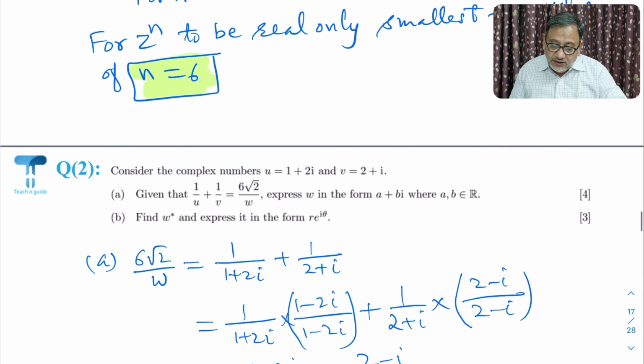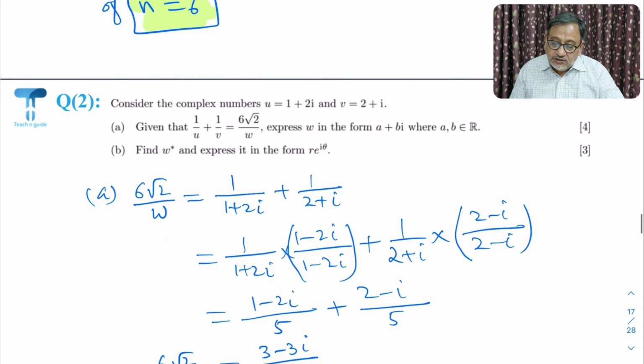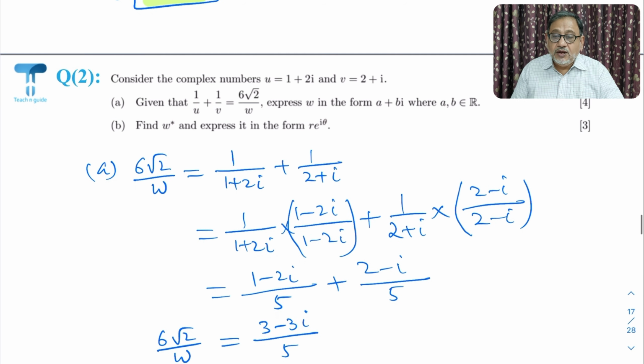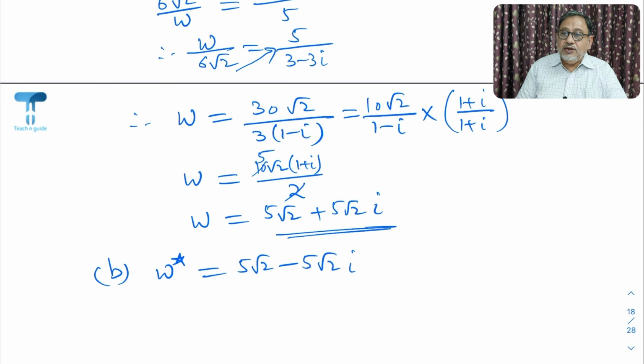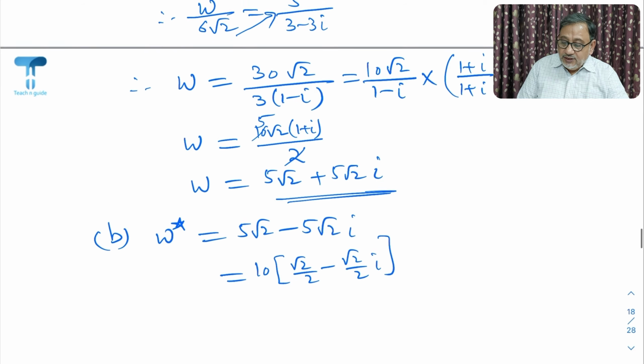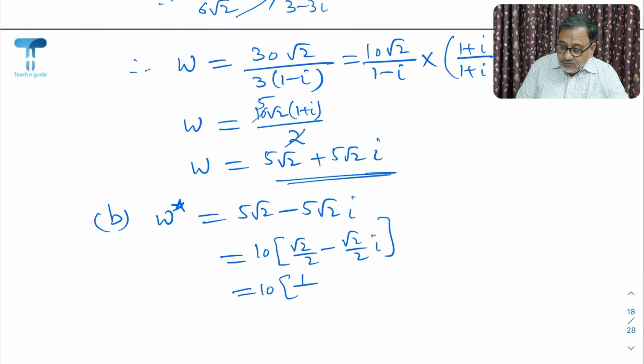Okay, B part says find w conjugate and express it in the form r e raised to i theta, Euler's form we have to express it in. Okay, so w we already have, so w conjugate will be 5 root 2 minus 5 root 2 i, right? And then again we can write it in that form, so 10 can be out, so root 2 by 2 minus root 2 by 2 i, and then root 2 by 2 can be 1 by root 2 minus 1 by root 2 i.